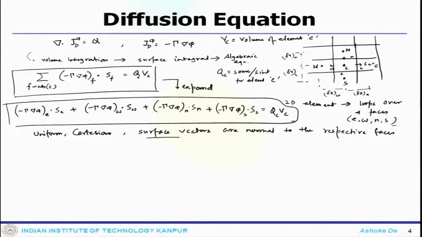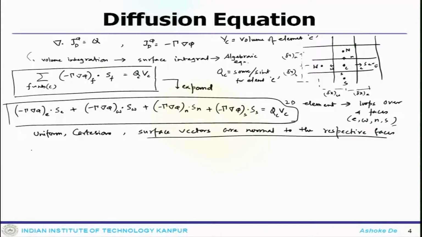This is very important. If that does not happen, if they are not collinear or have some off-center connections, then we cannot straight away calculate the surface vectors, as we have already seen.